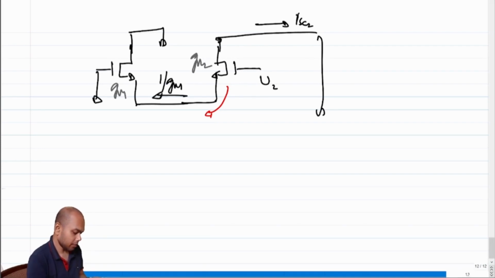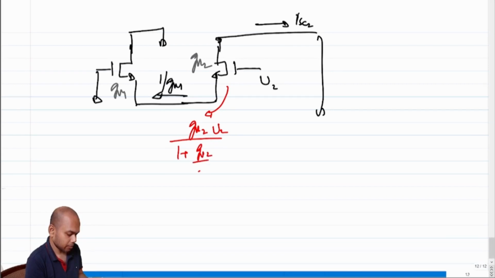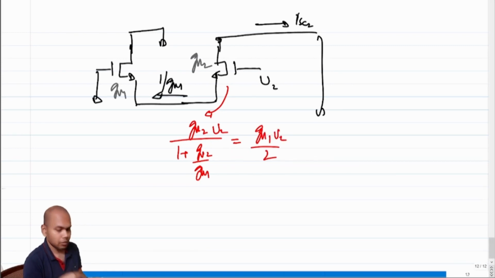So this current will be GM2 V2 by 1 plus GM2 by GM1, where RL is 1 by GM1. So this is equal to GM1 V2 by 2, because GM1 equals GM2.